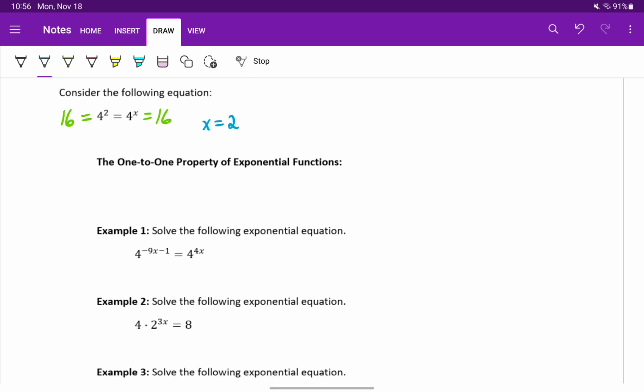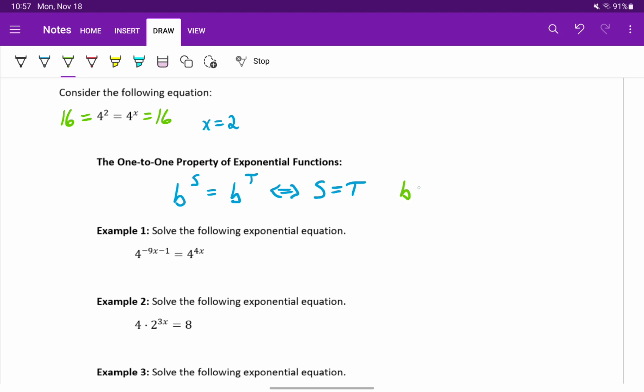This gets us into the one-to-one property of exponential functions, which tells us for any value b raised to the s power, if that's set equal to another value b raised to the t power, then those two equations can only be true whenever the two exponents are equal to each other, which is what we saw in that previous example we were considering. 2 is equal to x, those two exponents had to be equal to each other.